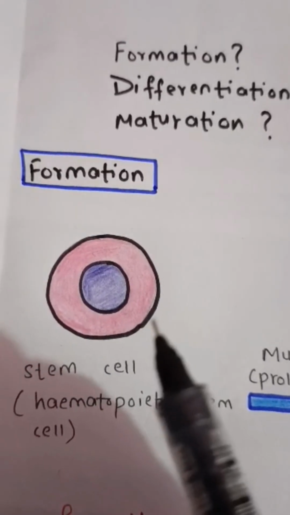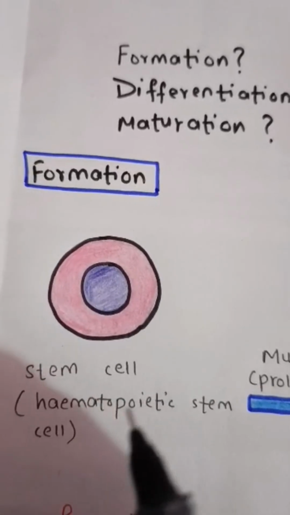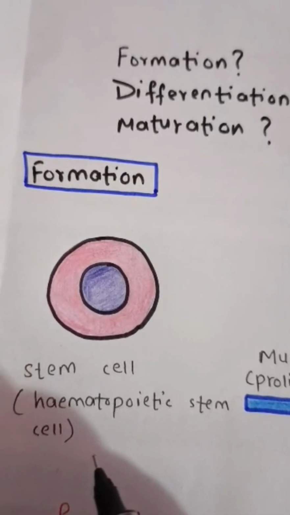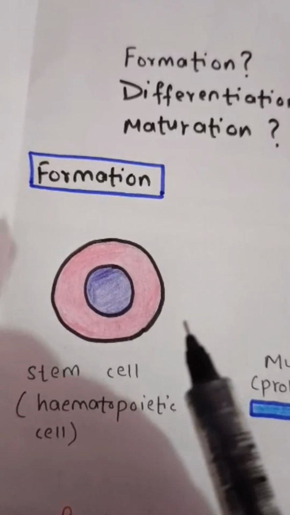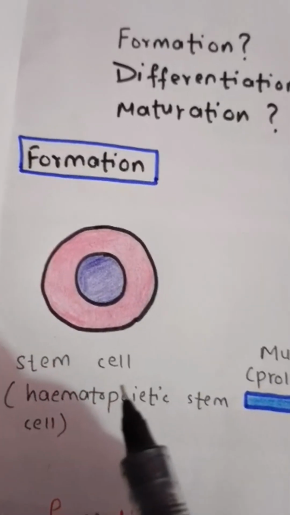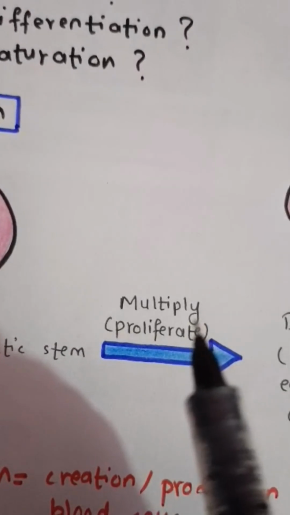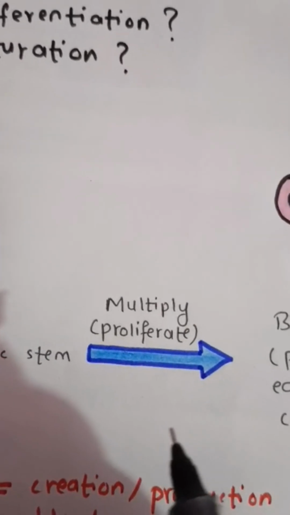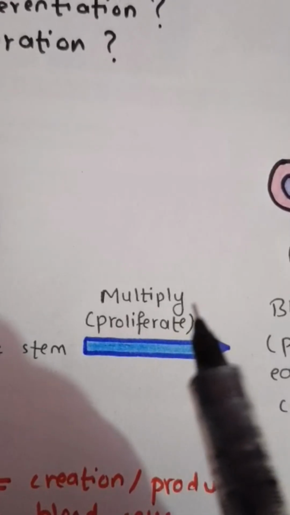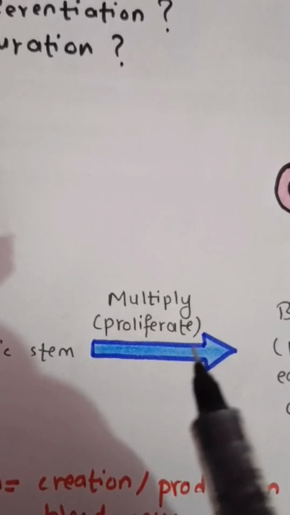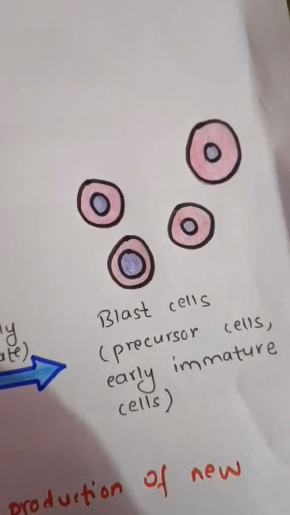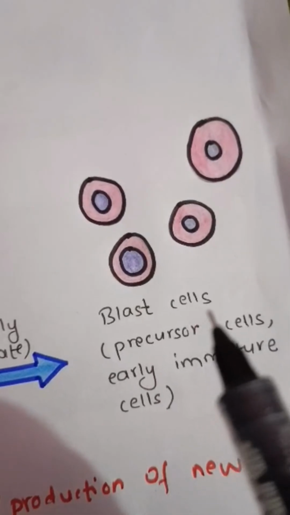And this stem cell, if it gives rise to blood cells, is known as a hematopoietic stem cell. Okay, so we have a hematopoietic stem cell. Slowly this hematopoietic stem cell will multiply. Cells have the property to divide. So this will slowly multiply, or we can also say proliferate, and it will give rise to numerous cells known as blast cells.